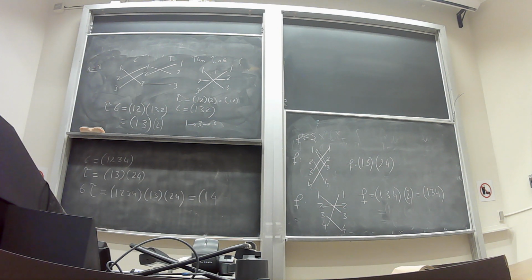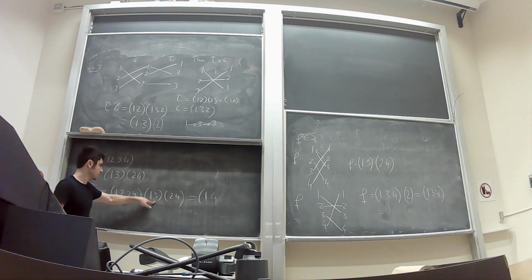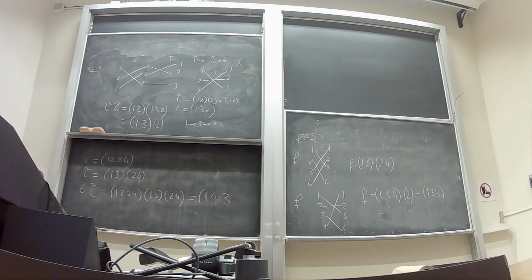Okay? Great. 4, where does it go to? 2. What happens to 2 here? It's fixed. So 2 goes to 2 here. 2 goes to 3. Great. What happens to 3 here? Fixed. Then 1.